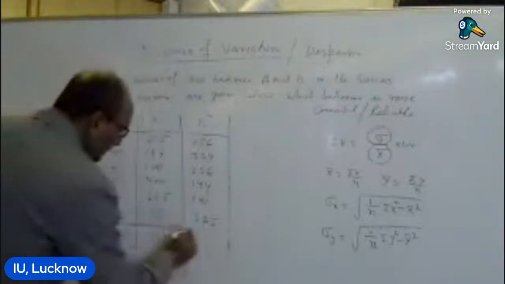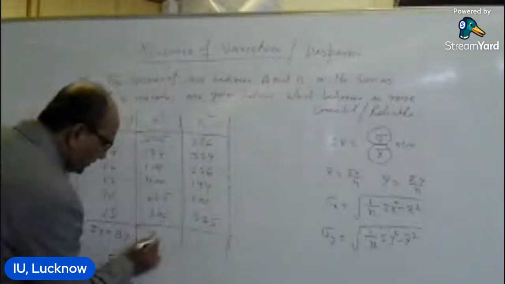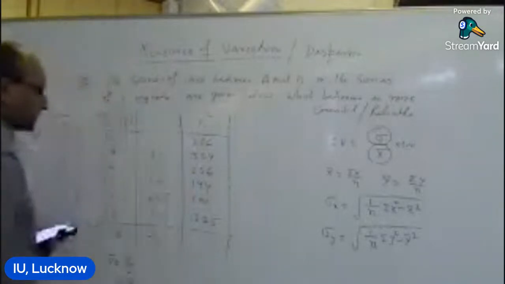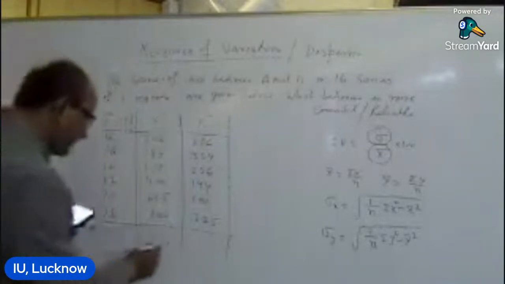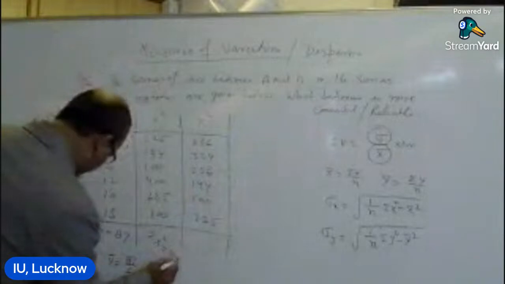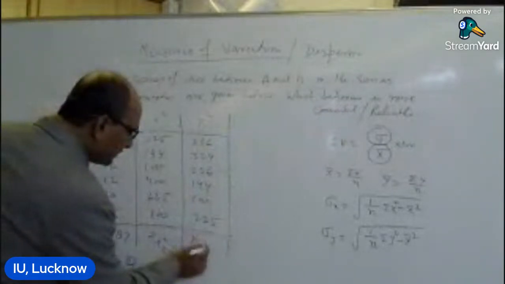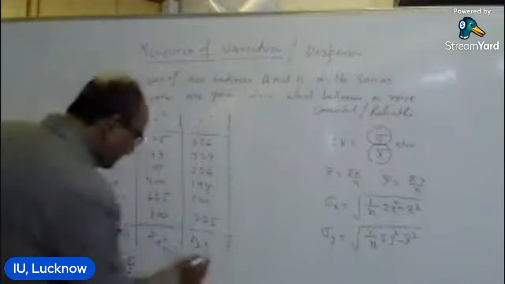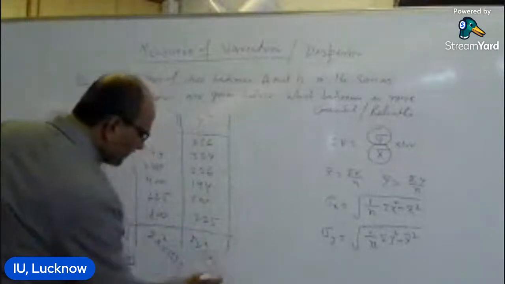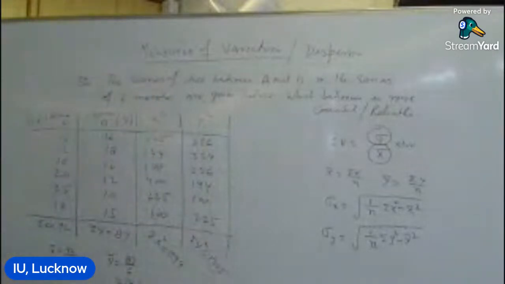Now the sum of x square, sum of these, this is 1594, and the sum of y square, this will be 1305. So now we find the standard deviation for each score.